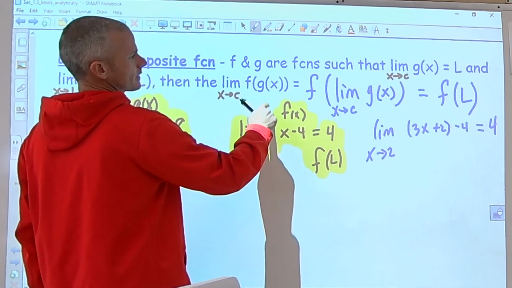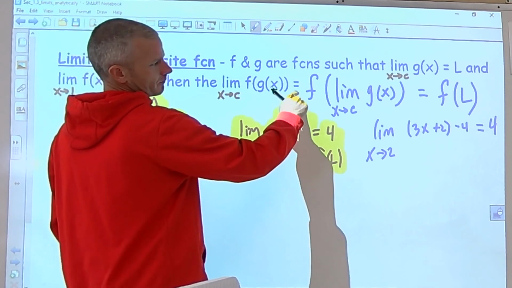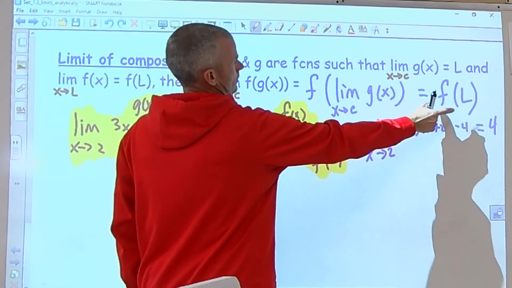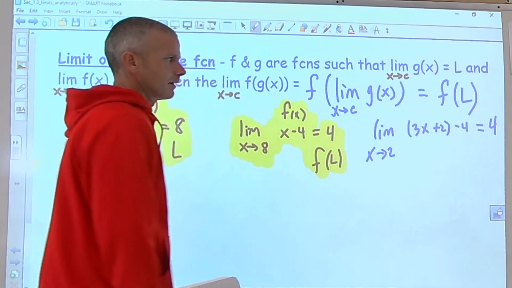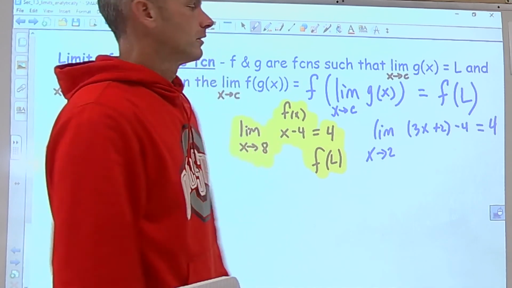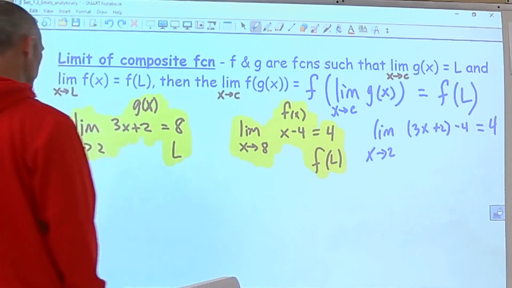So we're saying essentially that we're evaluating f at the limit of g of x, which will give us f evaluated at the limit L. So it probably sounds like a little bit of gibberish there.